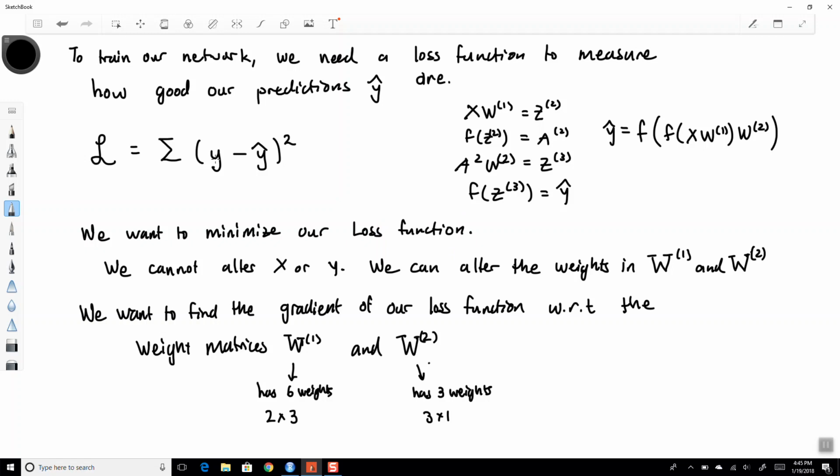So in order for us to do this, we've got to do some calculus and take derivatives. I should talk about this function f. Just a note about the function f: we call this the activation function.